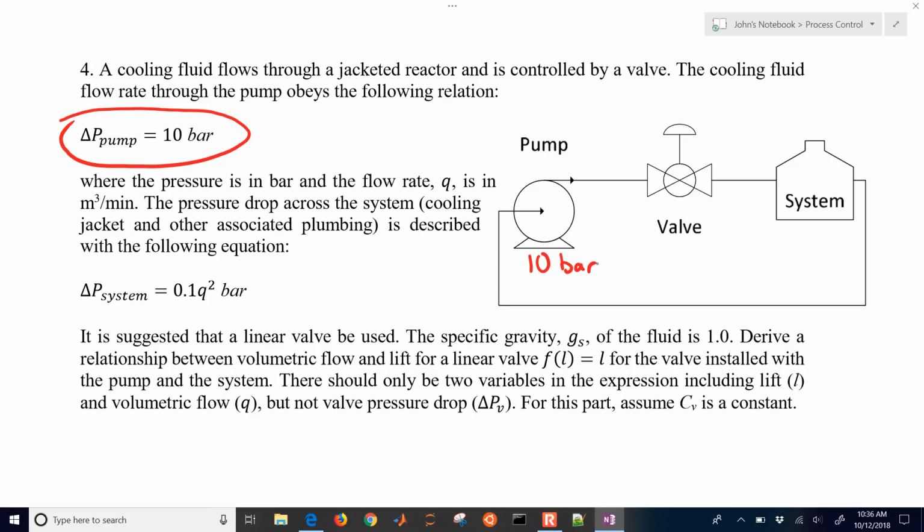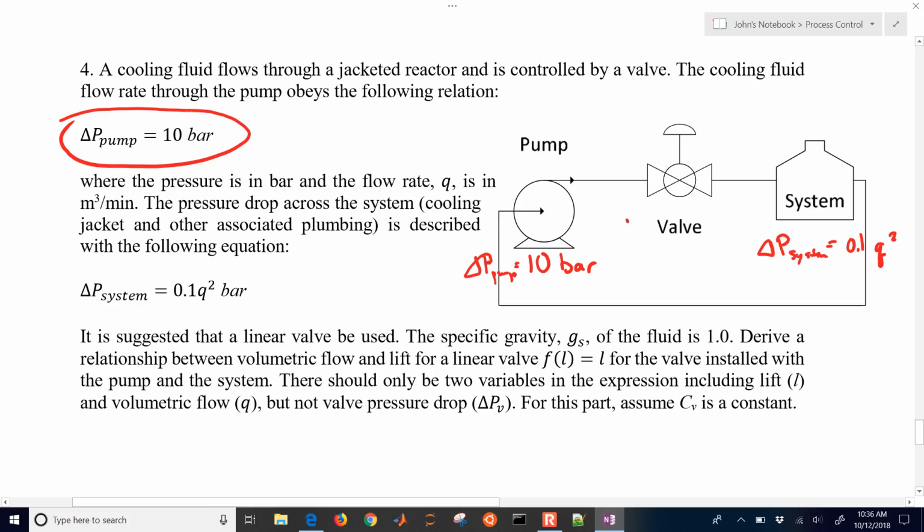Okay, the pressure drop is across the system and also across the valve. So the system pressure drop, delta P across the system, is going to be 0.1 Q squared, and that's going to be in bar. And this is delta pressure on the pump, and that equals 10 bar.